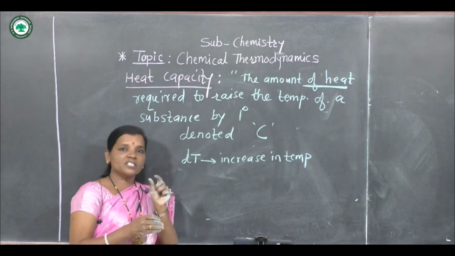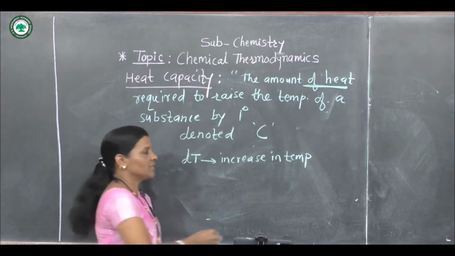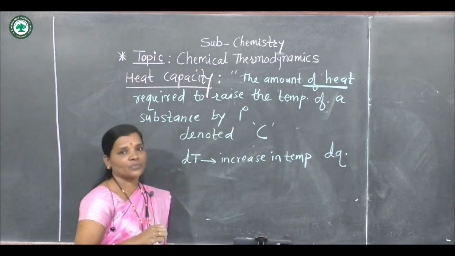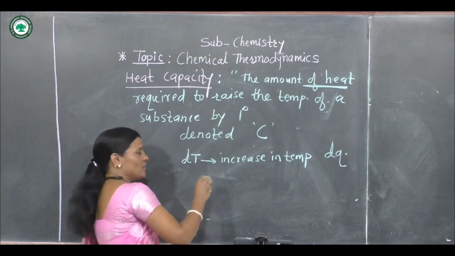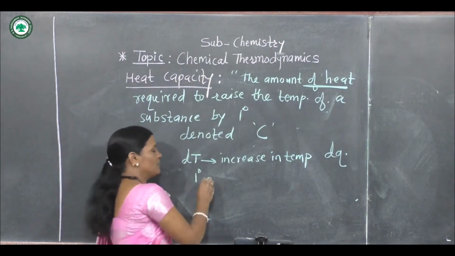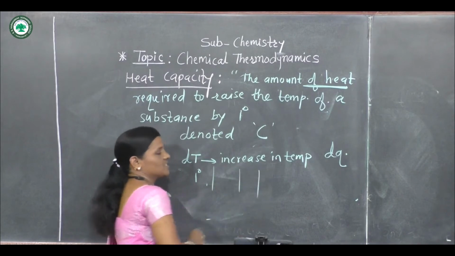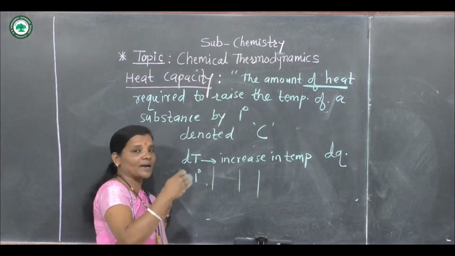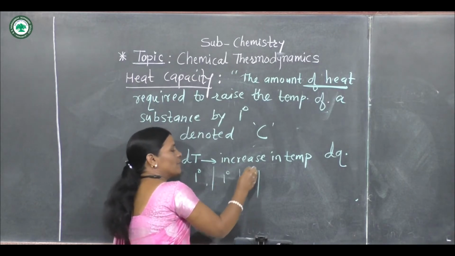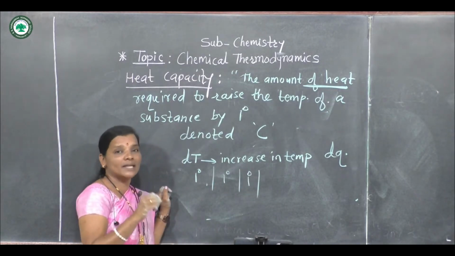Here a very small amount of heat is required. Let us consider that amount of heat is dQ. We are increasing the temperature of the system by 1 degree, and if we partition the system into a number of parts, then in every part the temperature increases by 1 degree.